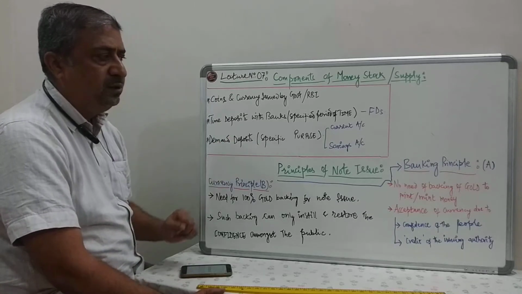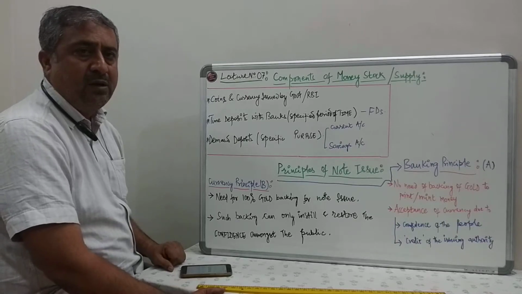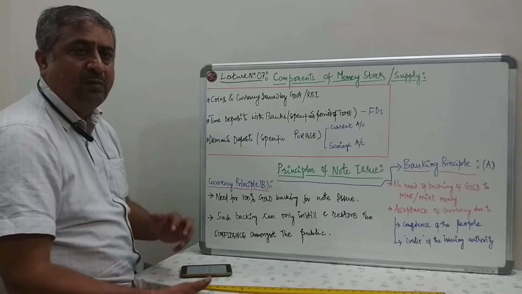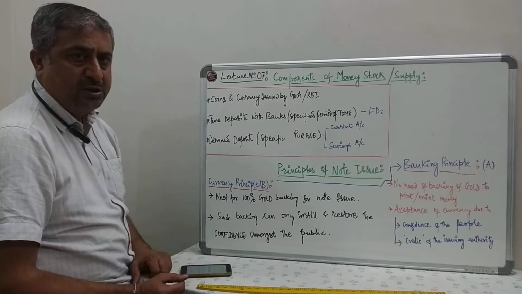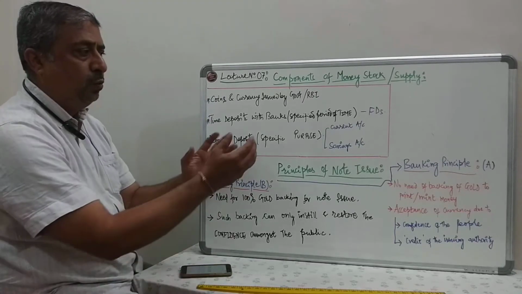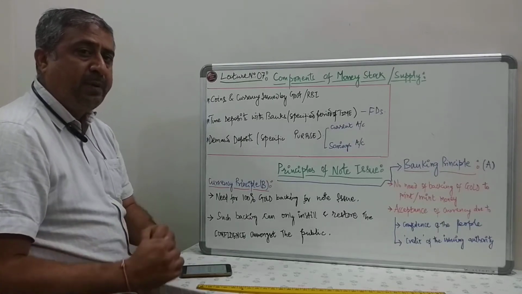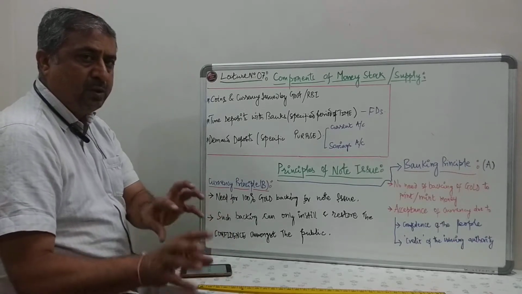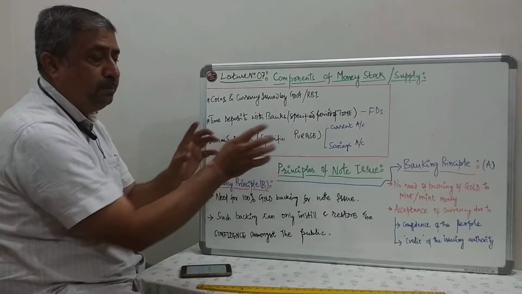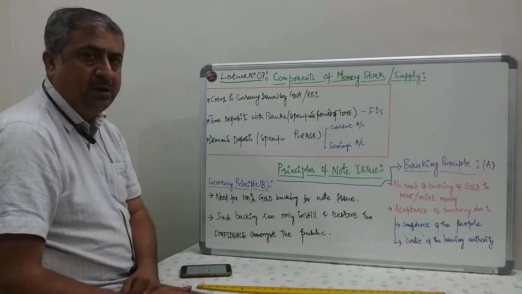Whatever money you receive in the form of sales of goods and services is deposited with the bank in the form of current accounts, so that whatever payments are to be made can be made against that. So you are depositing money for a specific purpose, right? That's what we call demand deposits.